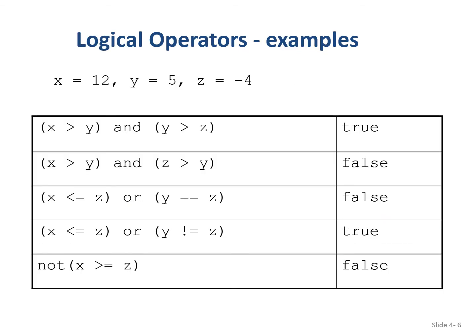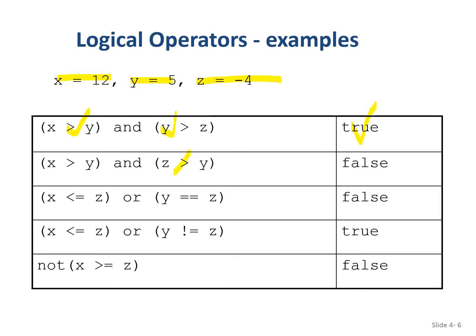So we can see some examples. Let's say x is 12, y is 5, z is negative 4. x is greater than y, 12 is greater than 5, and y is greater than z, 5 is greater than negative 4. So this is true and this is true, so the whole is true. And you can see x is greater than 5, 12 greater than 5, and negative 4 is greater than 5.